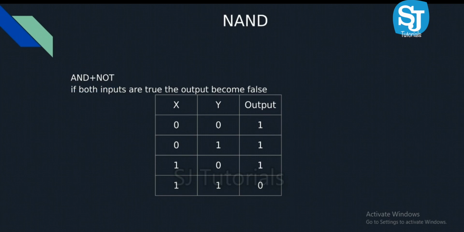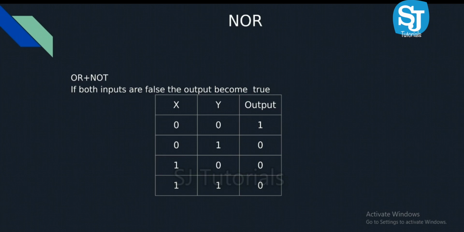If both inputs are true, the output becomes false. In the case of the AND gate, both inputs true gives true, so the NAND gate is just the opposite. The other outputs are 1. Only in one condition, when both inputs are true, the output becomes false; otherwise, the output is true. It is called a NAND gate.